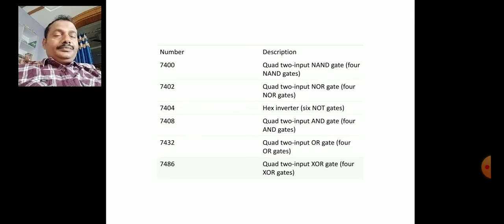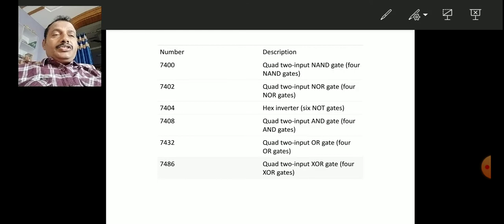Now, coming to the detailed IC number, name, and the corresponding gates which are manufactured. For the 7400, observe here, 7400 is a quad 2 input NAND gate.